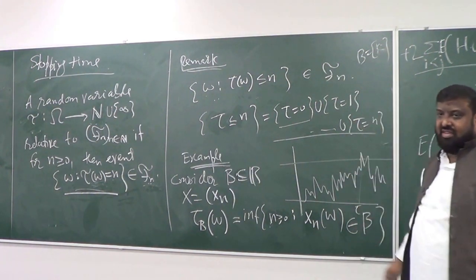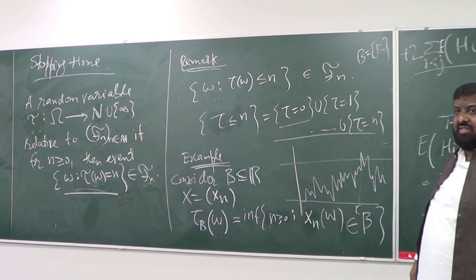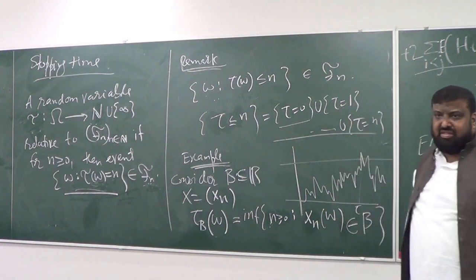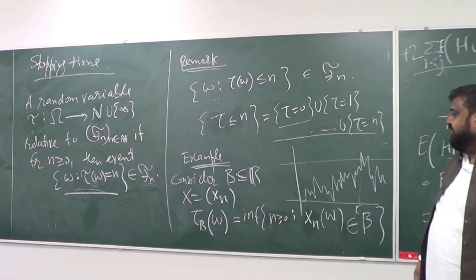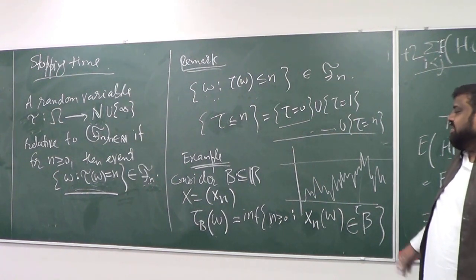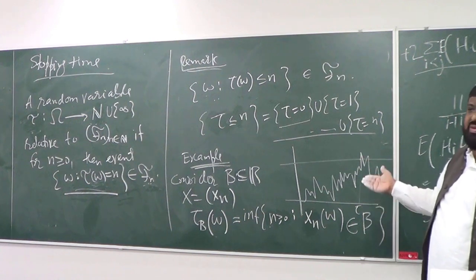So the barrier is the Borel set. So in other words, it could be an interval, it could be a singleton, it could be anything actually.